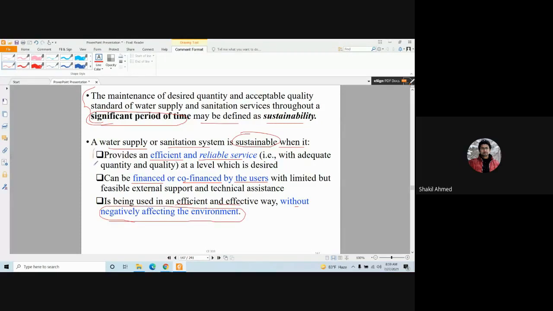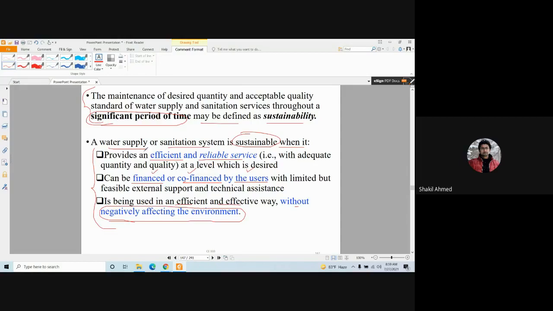So these are the properties of a sustainable WASH.